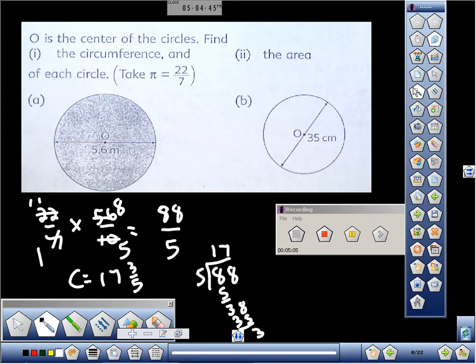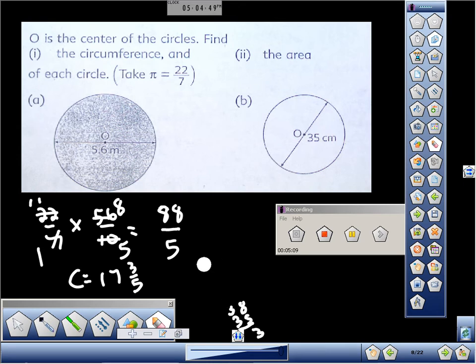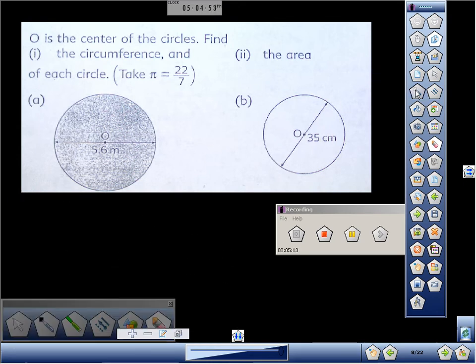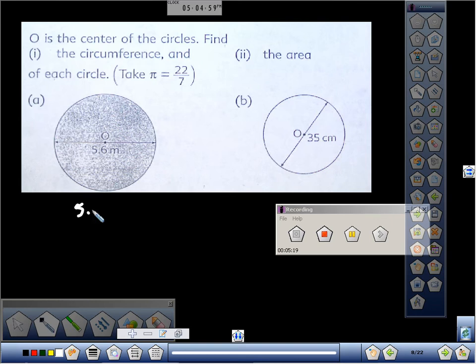Okay? Then, let me erase that. We got the circumference, now we got to find the area. Okay, area. It's going to be pi times radius squared. So they got 5.6. We have to square that. So we do 5.6 times 5.6. 6 times 6 is 36. Carry the 3. 6 times 5 is 30.